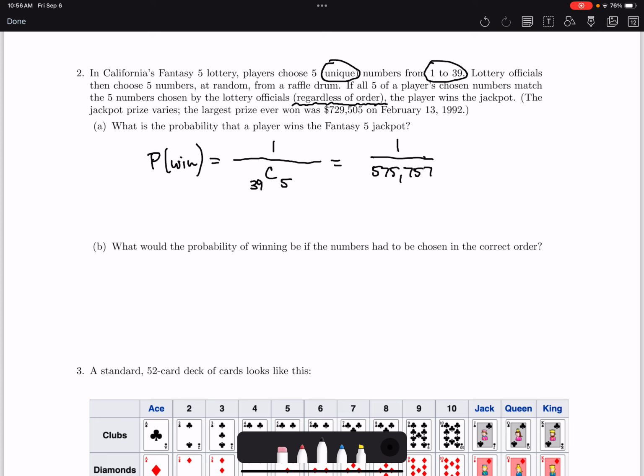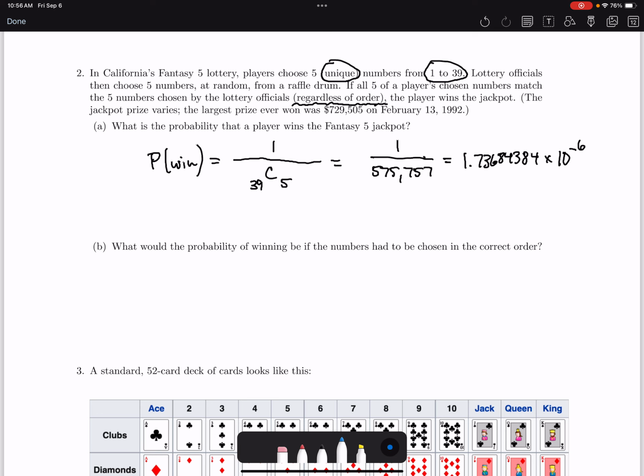39 choose 5. So to see what that is as a decimal, let's do 1 over 575,757. Okay, so this comes out to 1.73684384 times 10 to the negative 6. So once again, Desmos is giving us an answer in scientific notation, just like it was doing sometimes in the previous section.